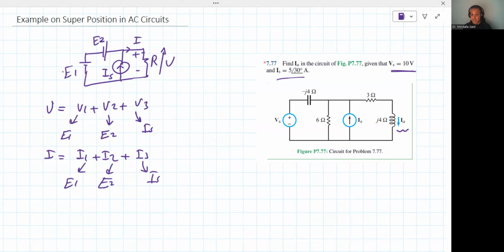One when we cancel the current source, and the other one when we cancel the voltage source. We get two contributions, IA dash and IA double dash, or IA1 and IA2, and IA will be IA dash plus IA double dash. Okay, that's what we're gonna do.